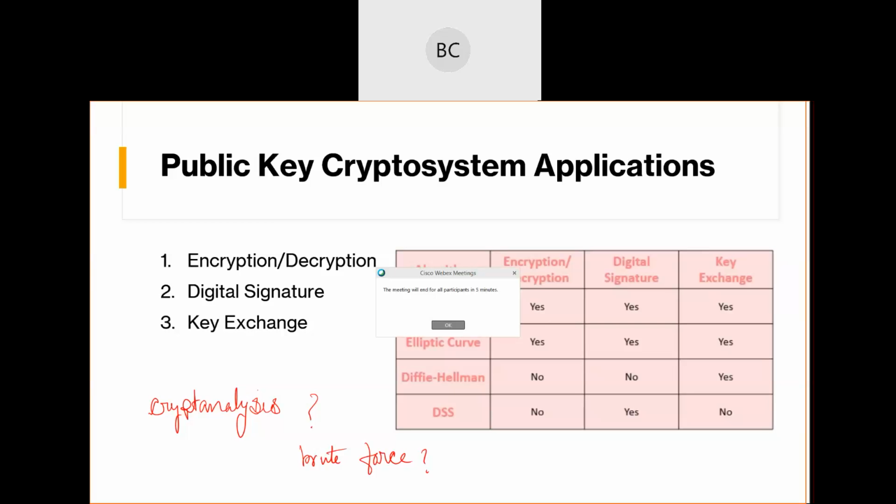One more type of attack is the probable message attack. If an adversary knows that the encrypted message from a particular sender is some particular key size, like a 56-bit key, then he would simply encrypt all possible 56-bit keys using the sender's public key, because the public key is known to all, and match them against the ciphertext.